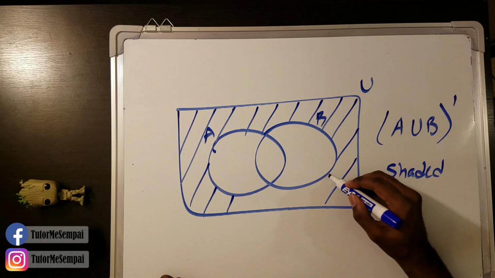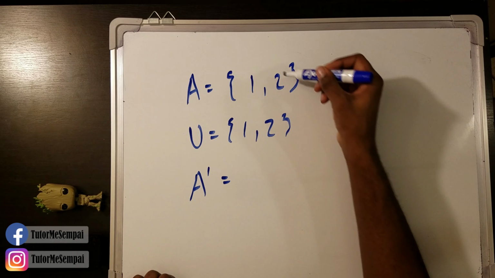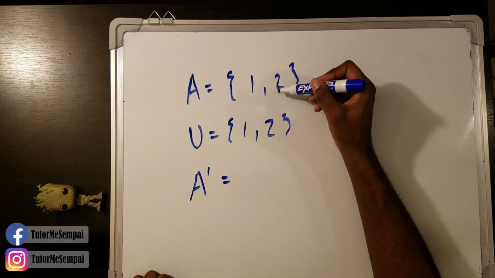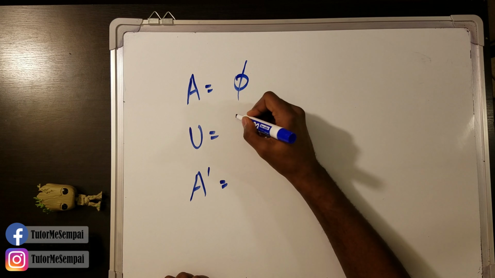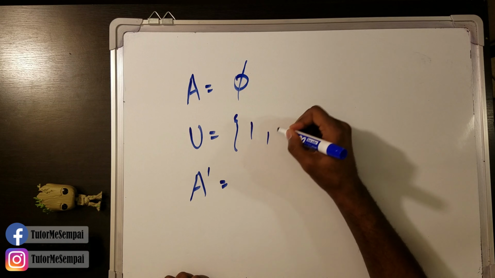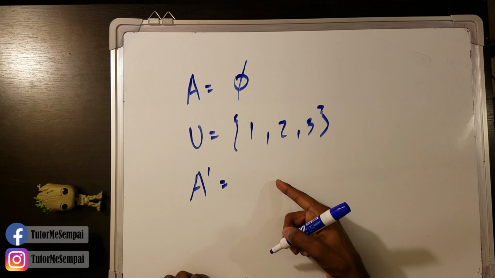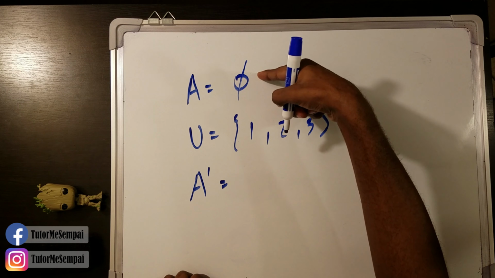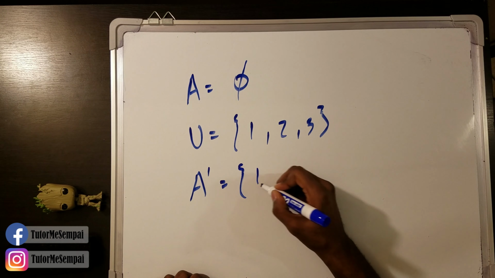What that will mean is, for A complement, you would have nothing that's not in A, but is in the universal set. So this would be the empty set. Likewise, if A was the empty set and U was 1, 2, 3, well, A complement would be everything not in A, but is in the universal set. So A complement ends up being the entire universal set.